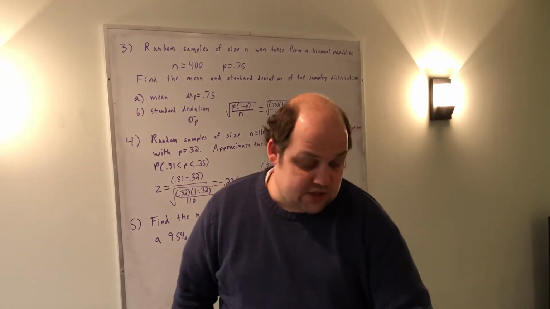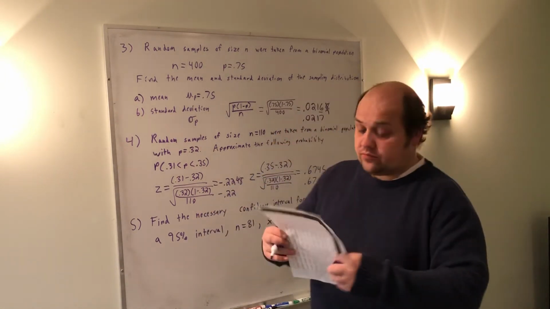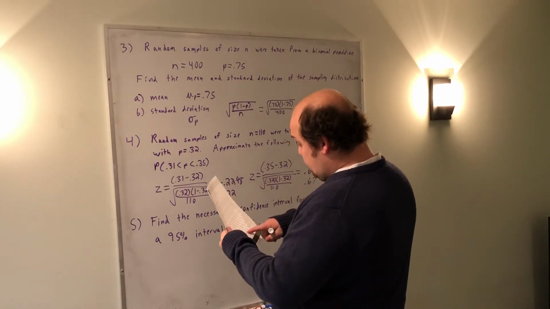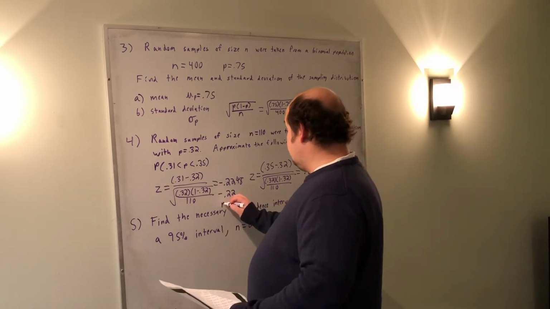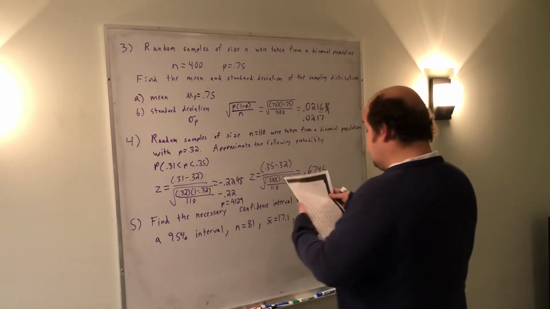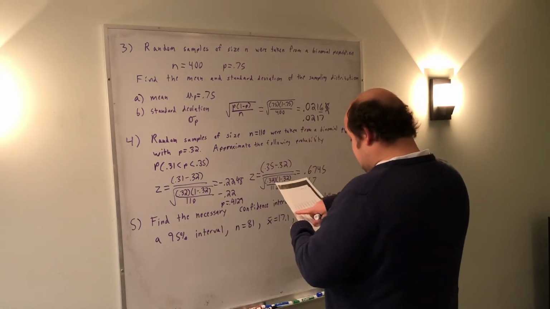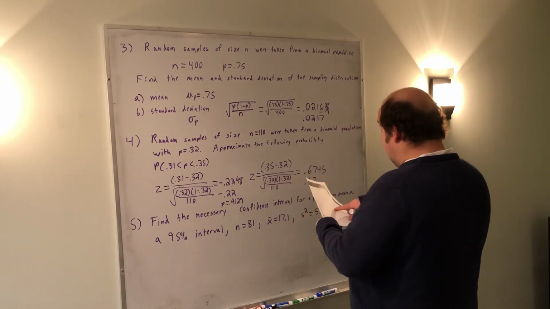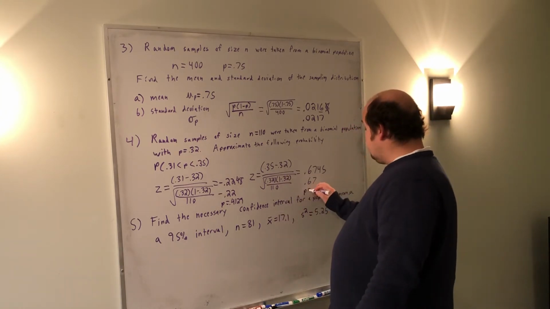So where I'm going to start is on the negative side. On the negative side, 0.22 points me to 0.4129. On the positive side, 0.67 points me to 0.7486.